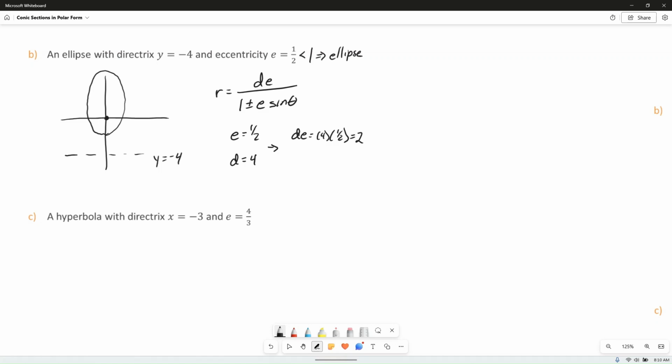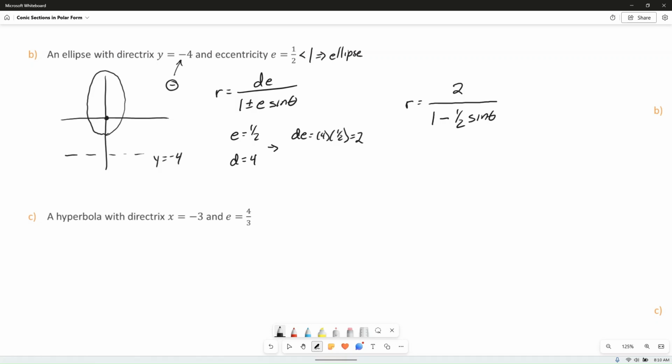And then we also have to figure out whether we're going to have a plus or a minus in the denominator. And to figure that out, again, just look at the sign of your directrix. Since my directrix is y equals negative 4, I'm going to have a minus in the denominator. Okay, so we have everything we need to write our equation. r equals d times e in the numerator, which is a 2, divided by 1, and we already said that's going to be a minus, e, and the e is a half, and we already said it's going to be a sine of theta.